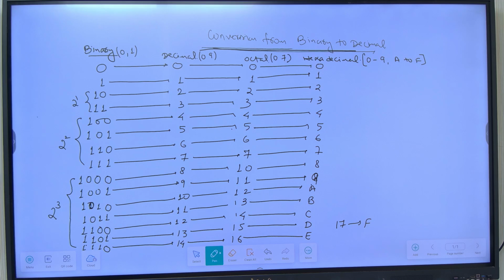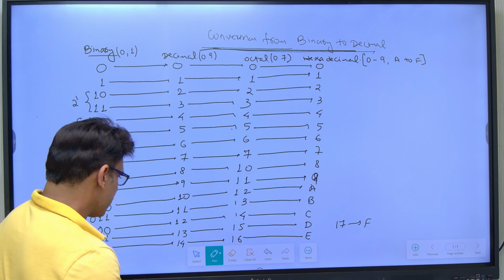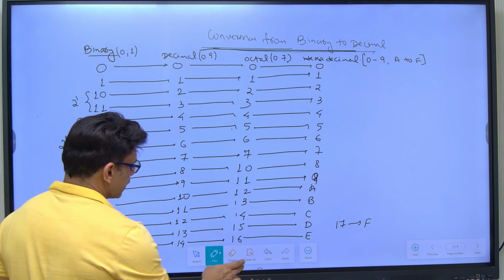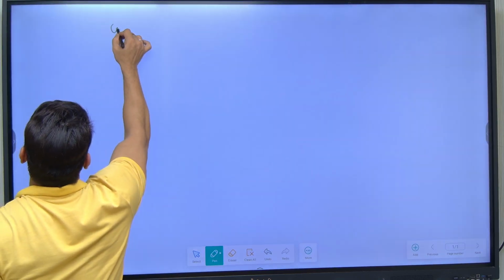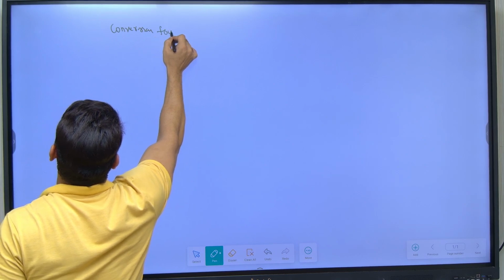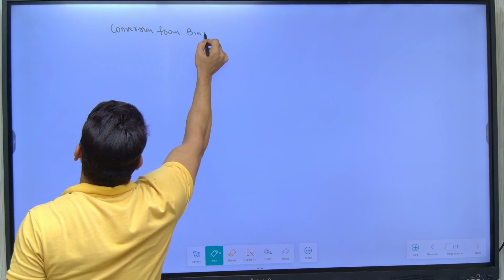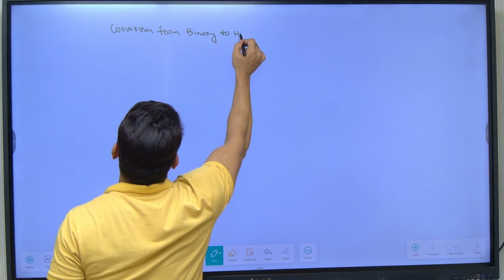Let us understand how to convert these numbers from decimal to binary to hexadecimal. First we'll understand conversion from binary to decimal.